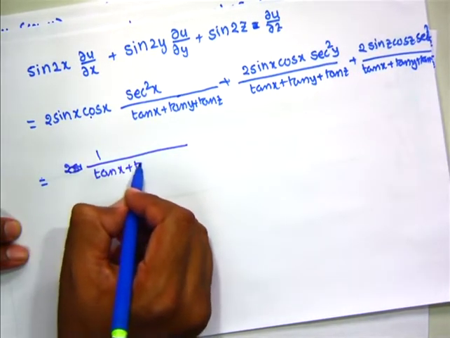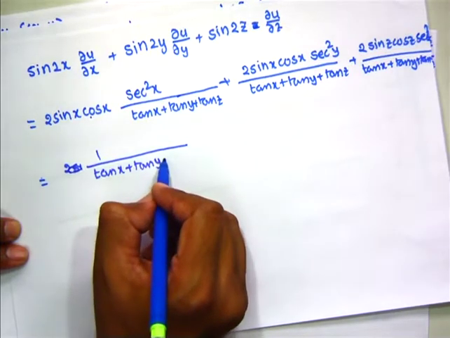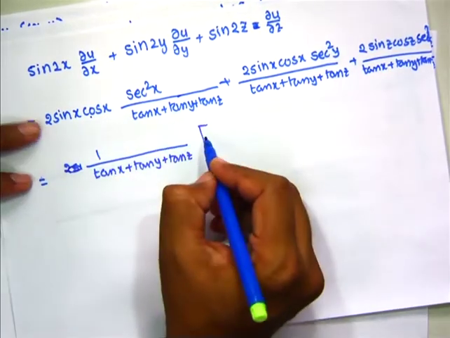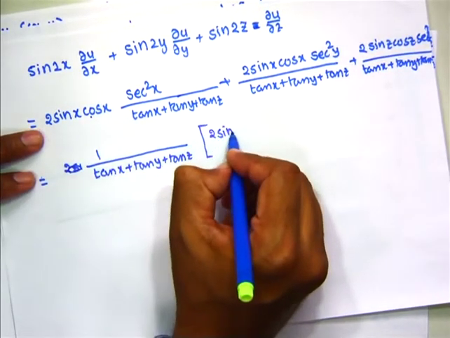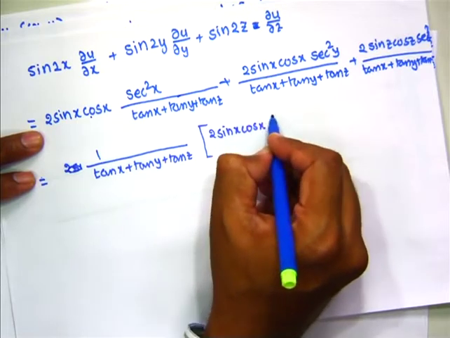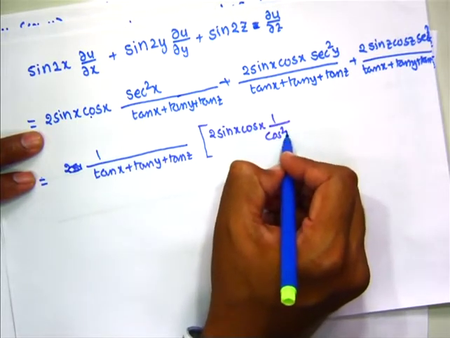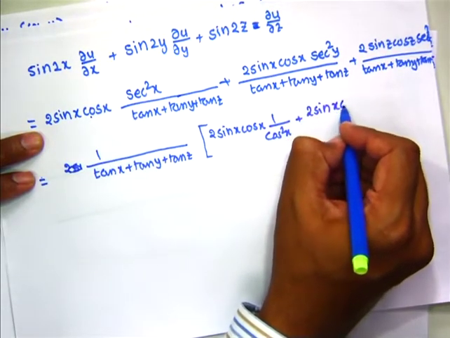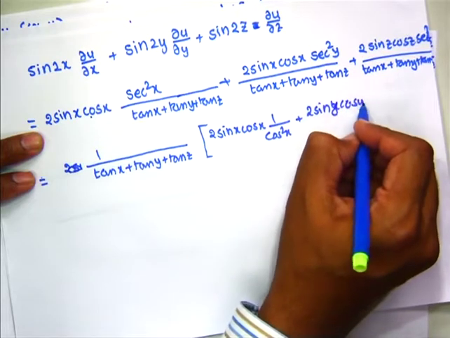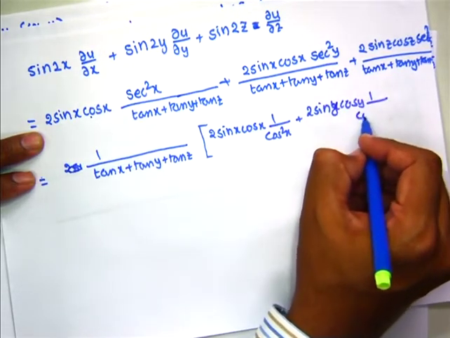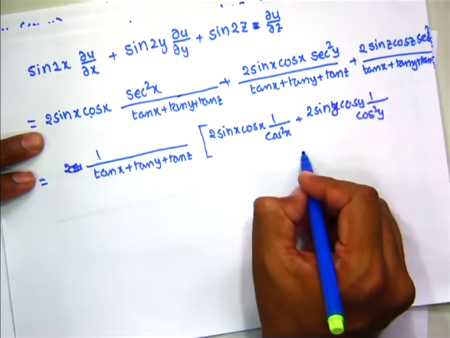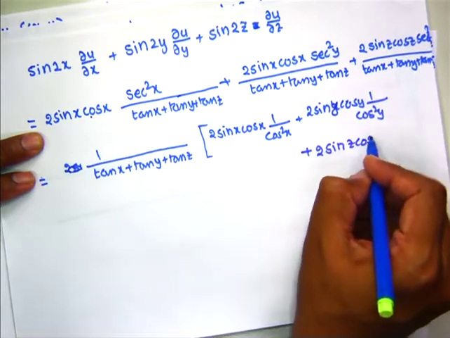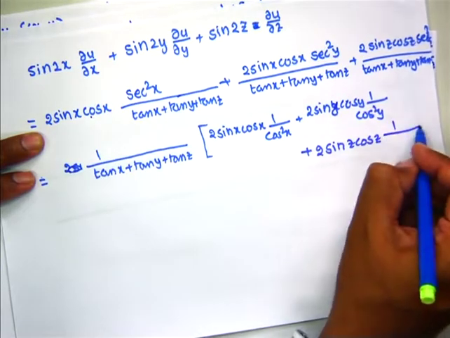Then we have 2 sin x cos x, and sec square x is 1 upon cos square x, then 2 sin y cos y into 1 upon cos square y, plus 2 sin z cos z into 1 upon cos square z.